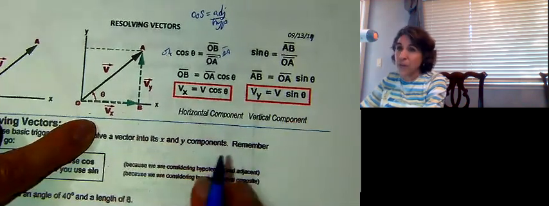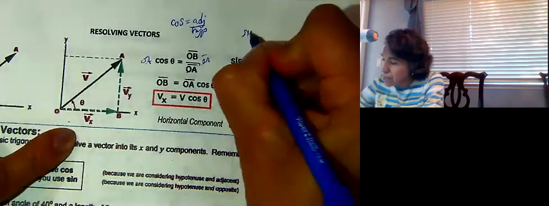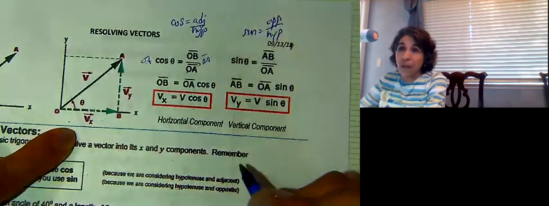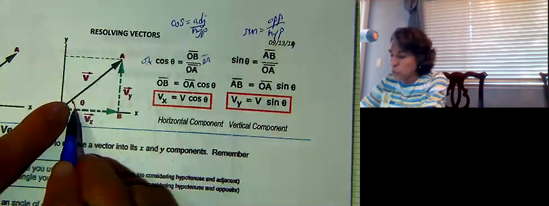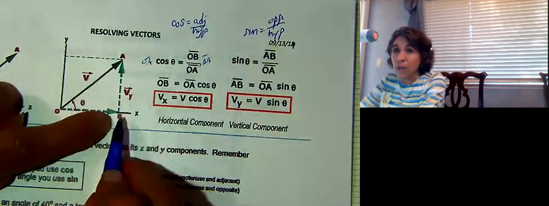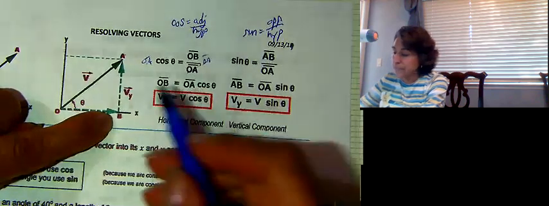All right, let's go on this side over here. What is the sine of theta? Sine is opposite over hypotenuse. Who's the opposite of this guy? Got to go outside. There it is, Vy. They call it AB, between here and here is AB. You guys should have this in your packet.